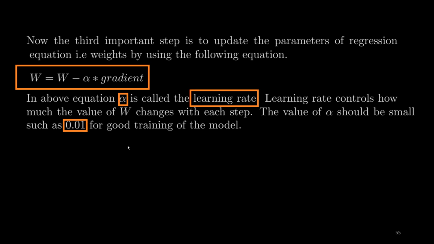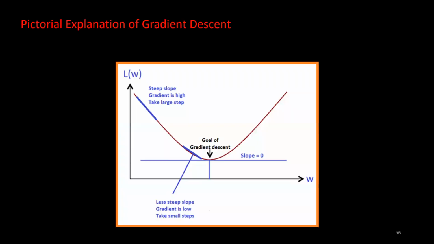So let's understand the concept of learning rate or step size more with the help of a figure. This is the pictorial explanation of gradient descent. We know that our mean square error has a convex shape because there is a square on the error. And in a convex shape, we have a global minimum value at a particular point where the slope of the curve is 0.